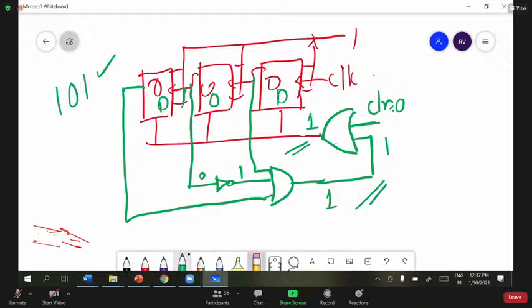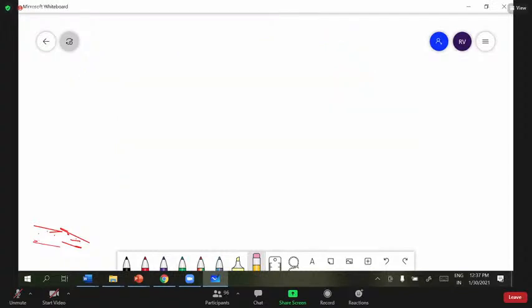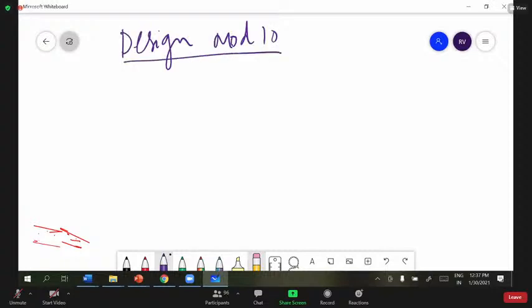Similarly, if you want to design a mod 10 counter, what may be the circuit diagram? Now all of you try to design a mod 10 counter. Tell me how many flip-flops are required to design a mod 10 counter? 4, ma'am. Suppose you consider 4 flip-flops, what is its counting sequence? 0 to 15.